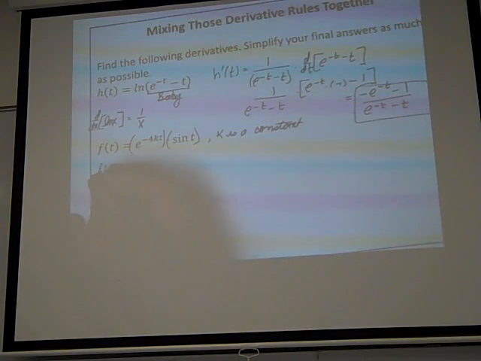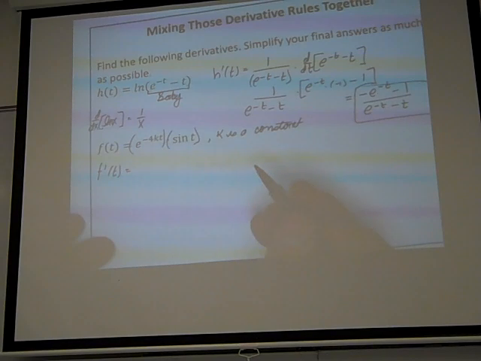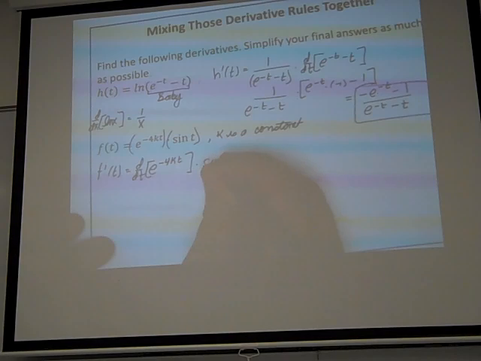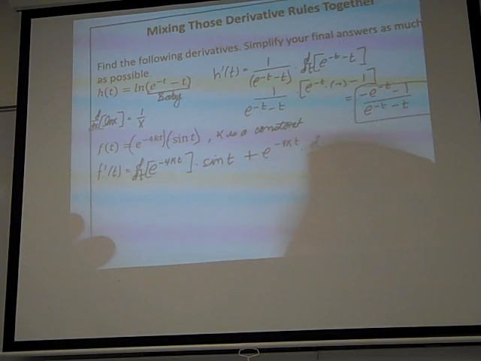So how do I find f prime of t? I'm going to find f prime using my product rule, which is the derivative of the first, derivative of e to the negative 4kt, times, leave the second one alone, plus, now we leave the first one alone, times the derivative of the second one.